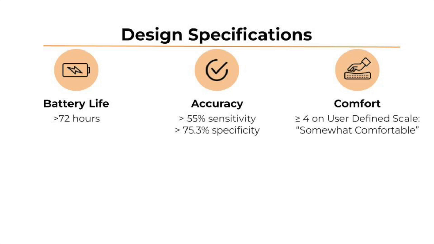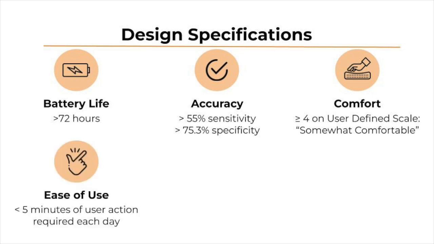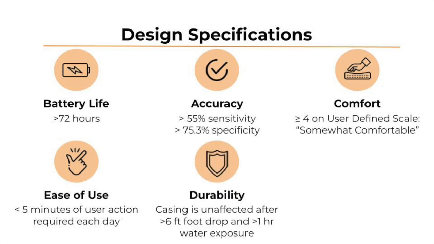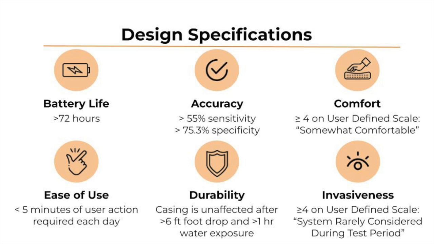For the population we're designing for, we also needed a device that was very comfortable and easy to use. Also, the device needs to withstand the wear and tear of daily use, so it can't break if it gets laid on or goes into the shower with the user, as it is meant to do. Lastly, we did not want to affect the user's quality of life during the study, so we wanted to make sure it was not too invasive or distracting to use.